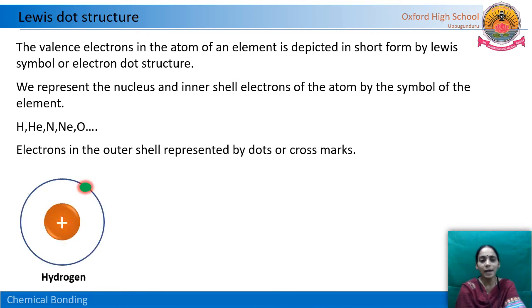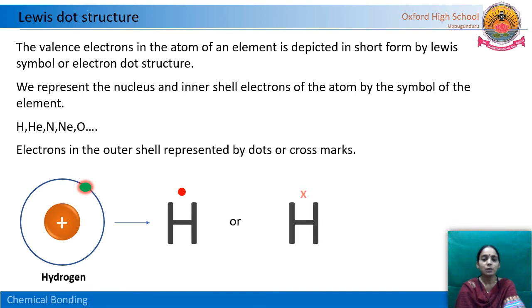Suppose the hydrogen atom consists of one electron; its nucleus is represented with H, and the single electron in it is represented with a dot or else a cross mark on it. So in this way we can write all the electronic configurations of the elements in the periodic table. This is called the Lewis dot structure.